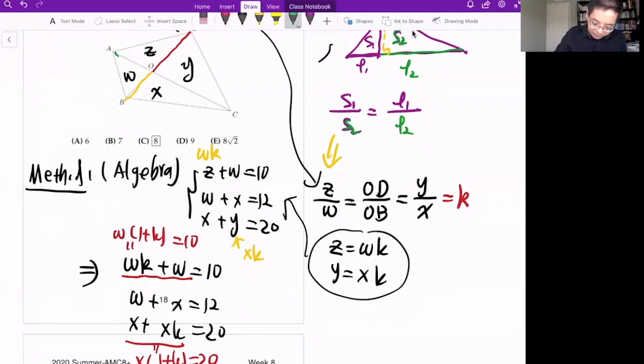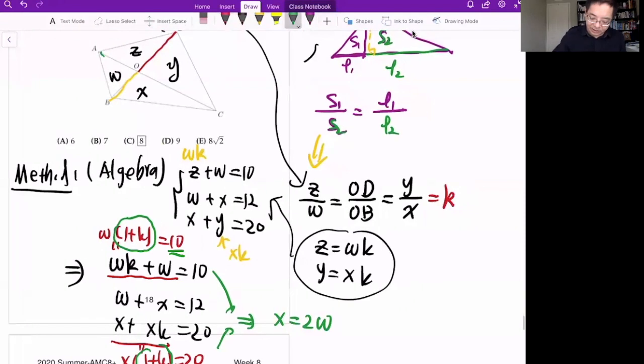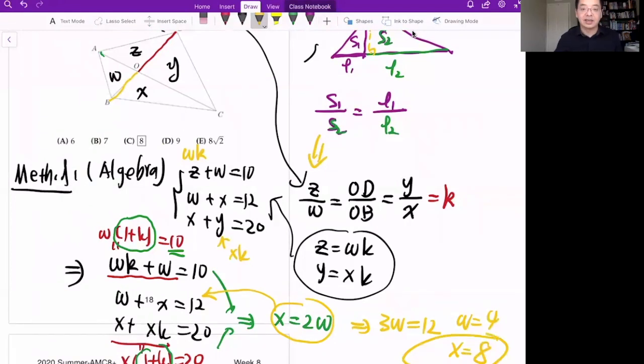Clearly you see they share a common factor, 1 plus k, and one is 10 and the other is 20. So from this, we can quickly get x equals twice w, right? And then we plug this back into the middle equation. Then we quickly get 3w equals 12, so w is 4, and x is 8, right? We get x is 8.